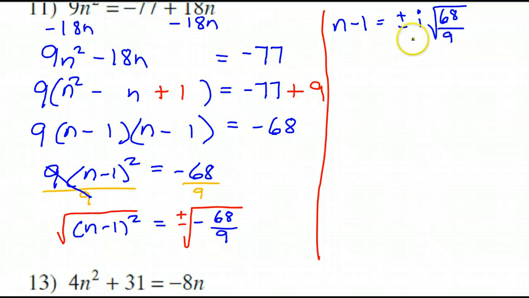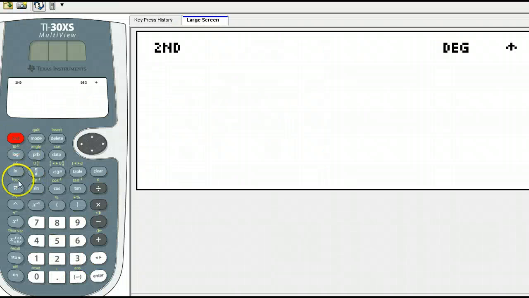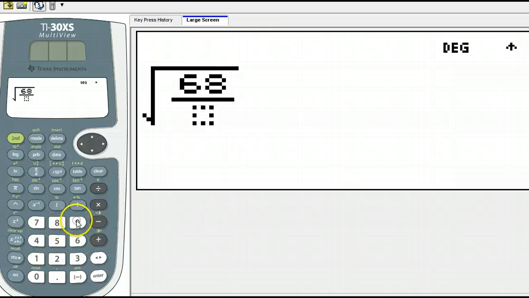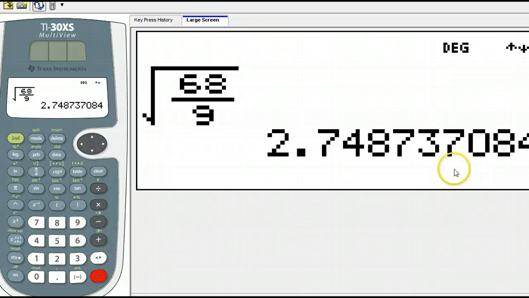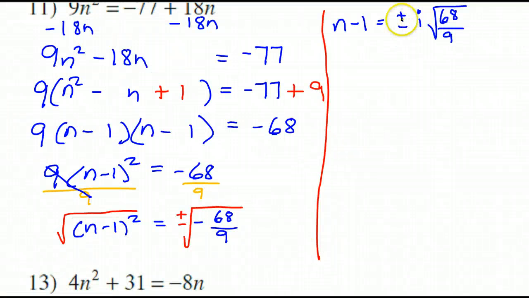So you have to be very careful about how you use your calculator on this next step. You're going to be tempted to take the square root of this fraction, 68 over 9. But if you do that, I'm going to get this decimal. And you know, this is rounded, it's an approximation. We don't want any decimals. So we need a different way of doing it.